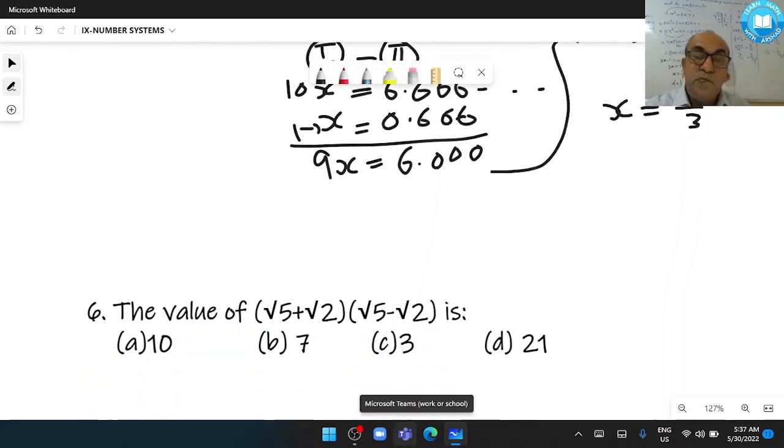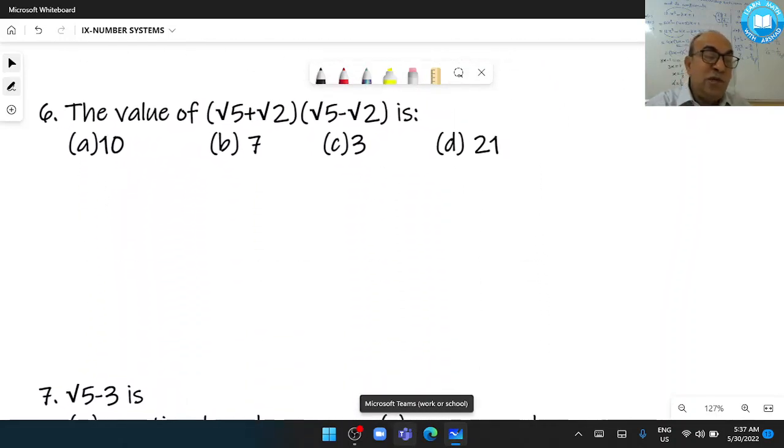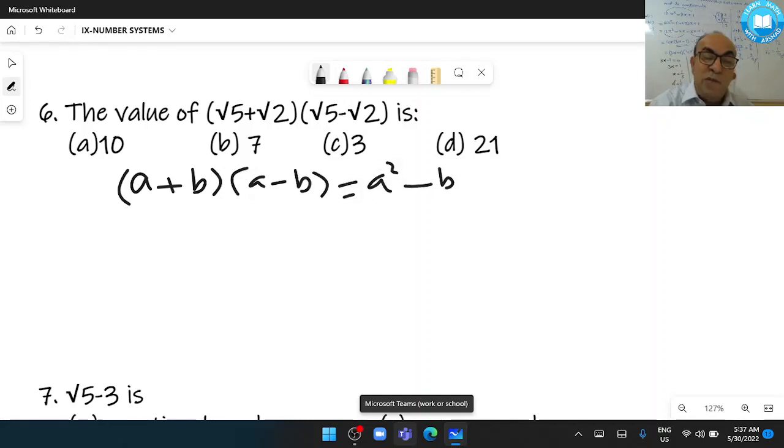Now next question. See this question, a very easy question. Square root 5 plus square root 2, square root 5 minus square root 2. This is exactly looking like this form, a square minus b square. The question is given in this form, a plus b, a minus b, that is equal to a square minus b square.